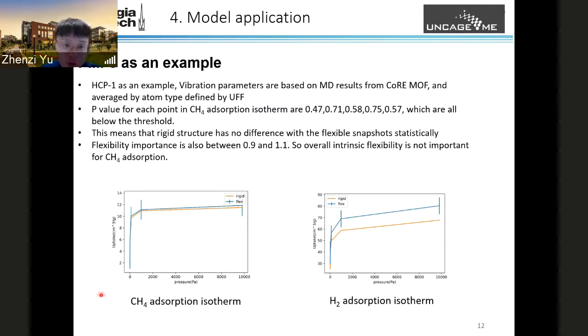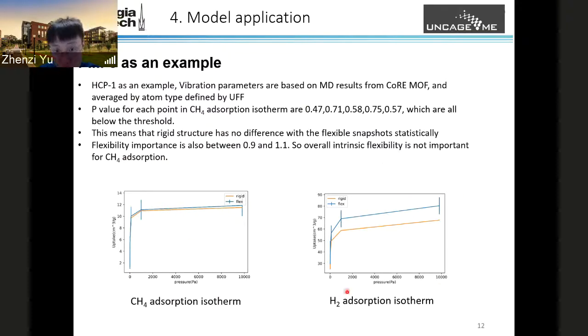The p-values for the CH4 methane adsorption isotherms are all below the threshold, which means there's no statistical difference between the flexible snapshot and rigid snapshot predictions. The flexibility importance is also within 10% difference, so overall intrinsic flexibility is not important for this case.